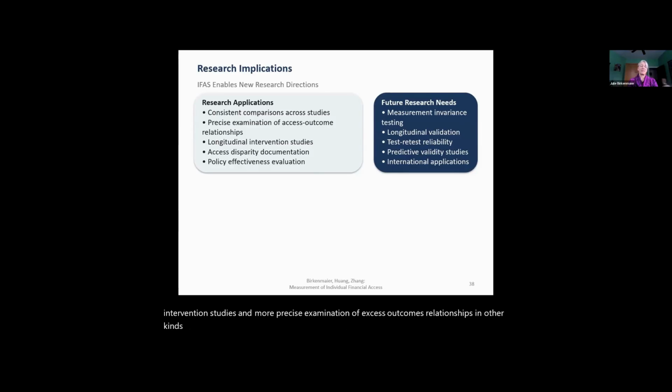We also want to stress that this could document disparity and discrimination in institutions and help move them toward better customer service. And then also, certainly, we hope that it's useful for policy research as well, to show policy effectiveness.